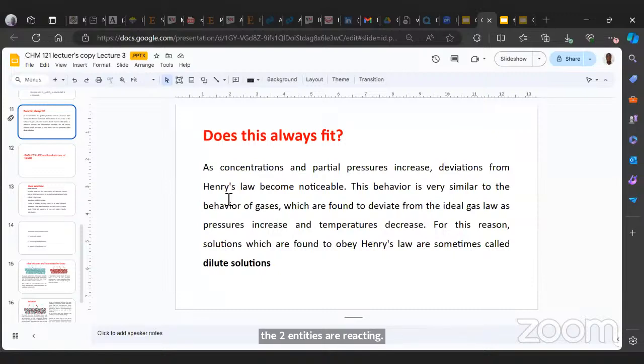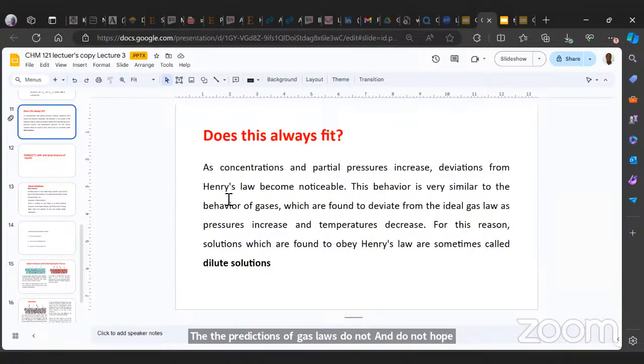In nature, we know that as concentration and partial pressure increase, we have deviations from Henry's law. They begin to be very noticeable. This is very similar for many gases and gas laws. As we begin to deviate from ideal laws, the predictions of gas laws do not hold for many gases.